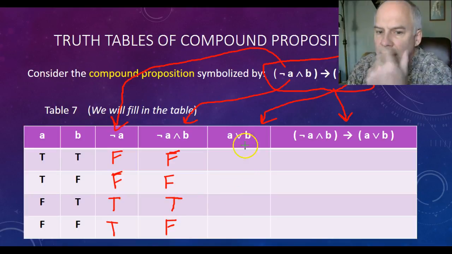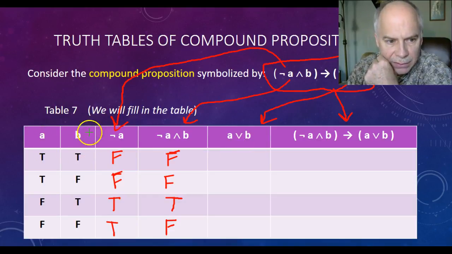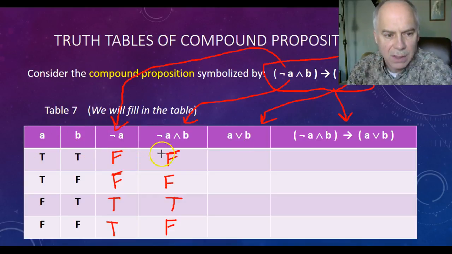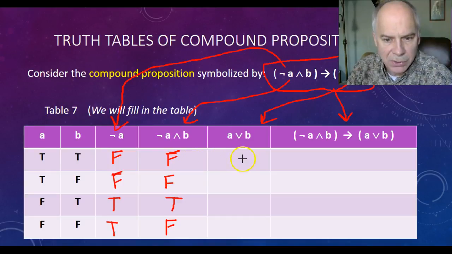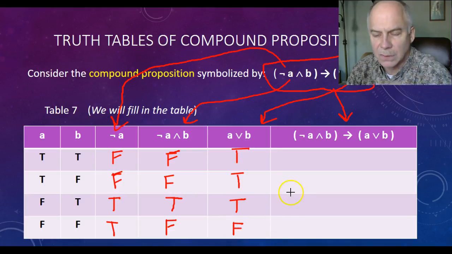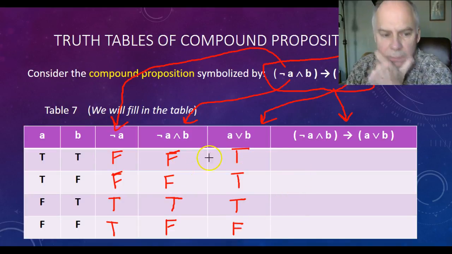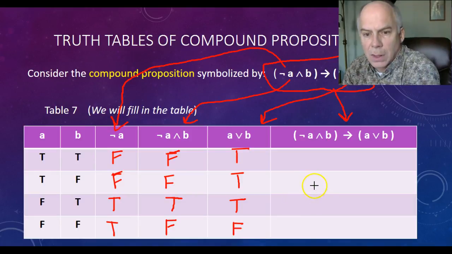Okay, then I look at the A or B situation. A or B means we're going to look at the first two columns, and when is A or B true? When either the A is true or the B is true, but it would be false when they're both false. All right.